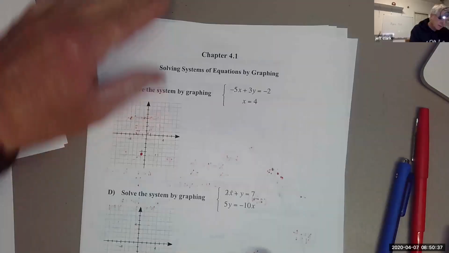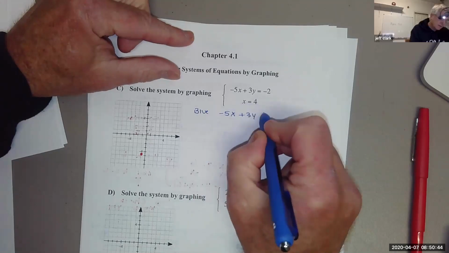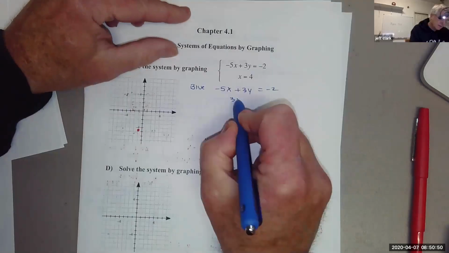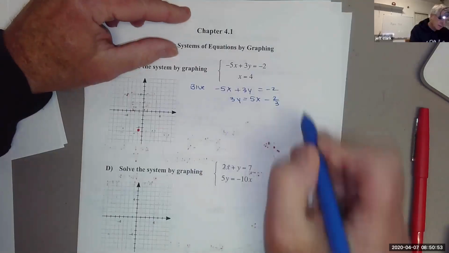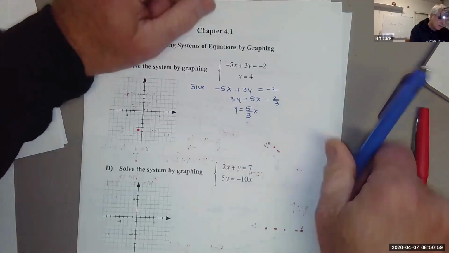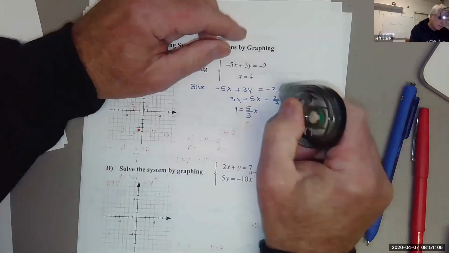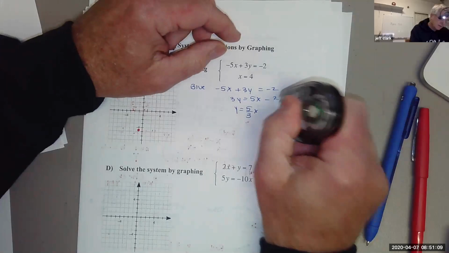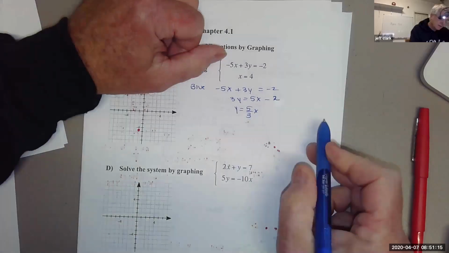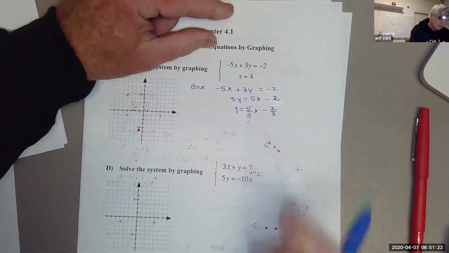Okay, blue. Solve for y. Divide by 3. One of these things is that your y-intercept is -2/3, so you have to approximate where that is.